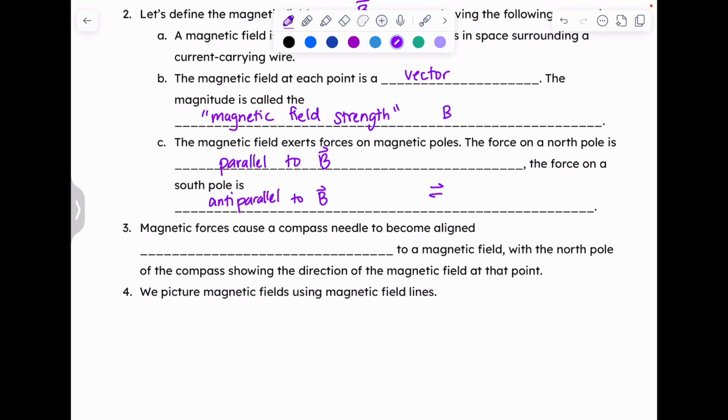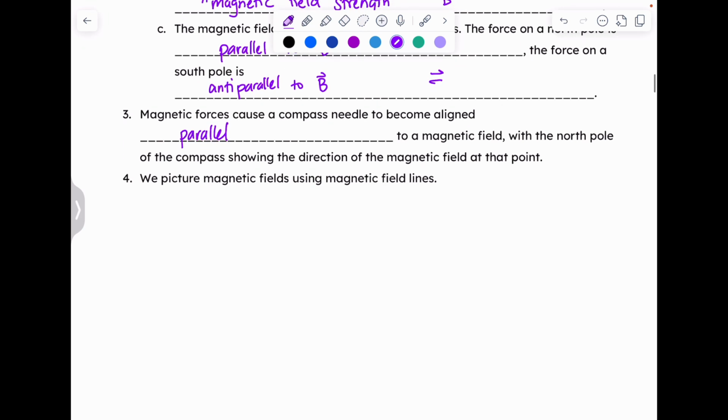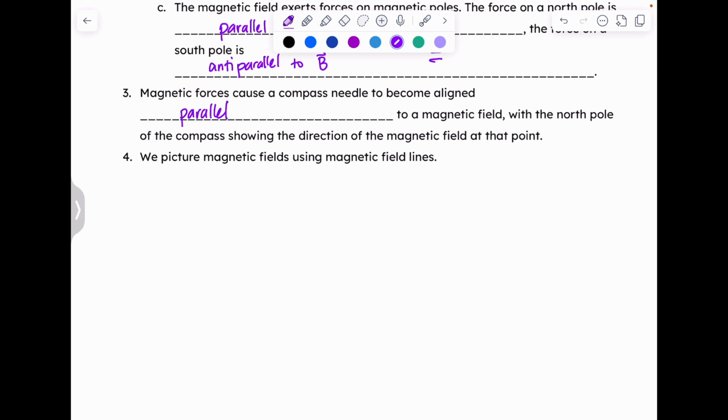Magnetic forces cause a compass needle to become aligned parallel to a magnetic field, with the north pole of the compass showing the direction of the magnetic field at that point. And then we can picture magnetic fields using magnetic field lines. So if I draw a little bar magnet here, and then I label this as the North Pole and this as the South, my magnetic field will come out of the North Pole and go toward the South Pole.